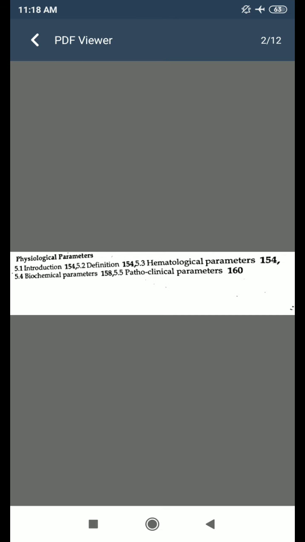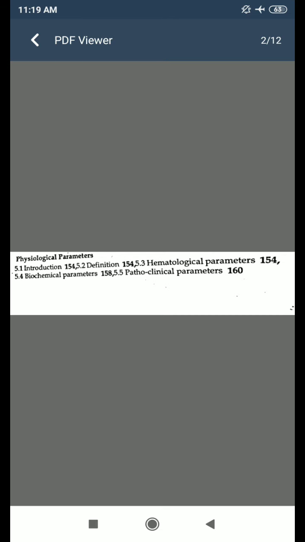Definition: physiological parameters can be defined as gases used to check normal physiological form of organelle or organelle system. Then hematological parameters are RBC count, WBC and thrombocytes. In RBC, the normal value in male, female and fetus, and significance.